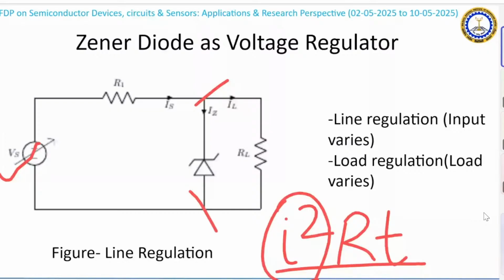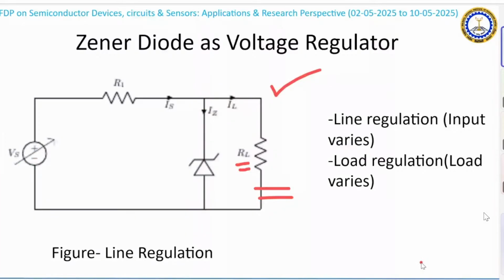For example, my fridge is there, so the fridge load offered. Anything else, we are going to represent by the effective impedance. So here it has been represented as RL, right? And Vs is the supply voltage over here. So that supply voltage is varying.